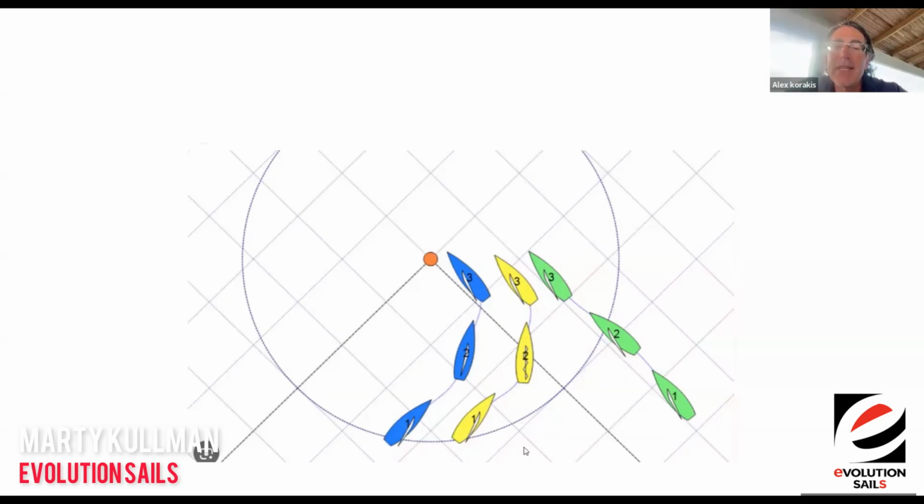Even in the event, let's say that the port boat truly had room, but the starboard boat claimed that he had to go above close haul, the burden's on the port boat. The burden's that the port boat can prove that they did not cause the other boat to go past close haul. So the onus is on the port tacker. So it's likely that the starboard boat will win that.